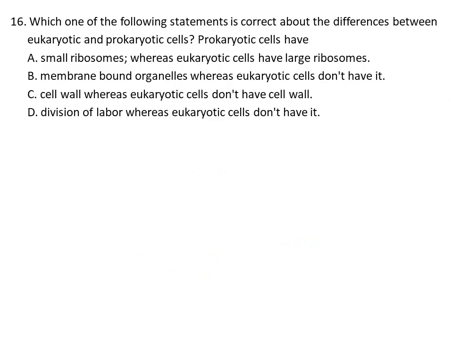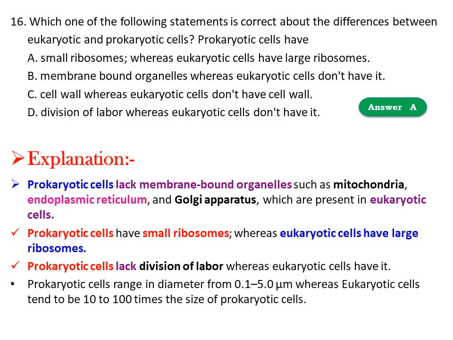Question number 16. Which one of the following statements is correct about the difference between eukaryotic and prokaryotic cells? The answer should be A: prokaryotic cells have small ribosomes, whereas eukaryotic cells have large ribosomes.